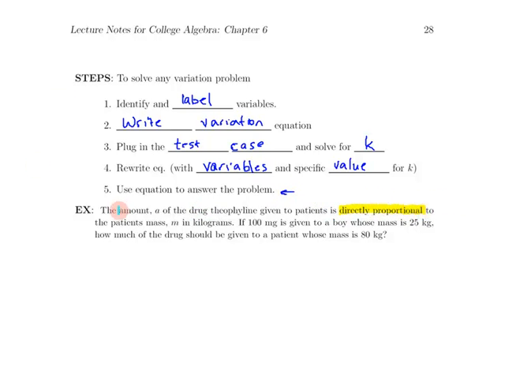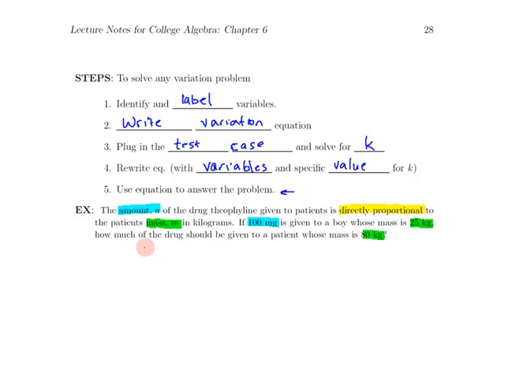All right, so we've got the amount A, and we've got the patient's mass M. We are given 100 milligrams, that is amount of drug, if the boy has a mass of 25 kilograms, that's mass. And then the question that follows is how much of the drug should be given to somebody whose mass is 80 kilograms.